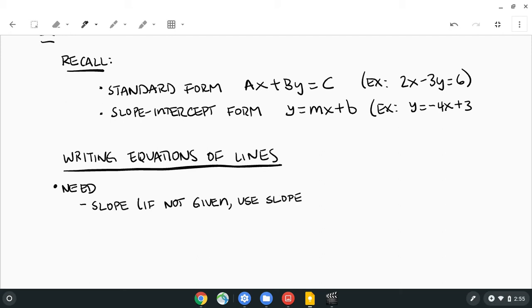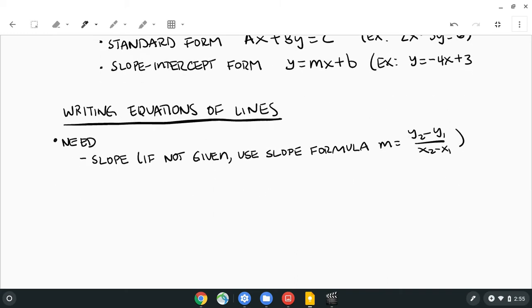Usually if they don't give you the slope, they'll give you 2 points, and you can find the slope from the 2 points by using the slope formula. If you forgot what that is, it's y2 minus y1 over x2 minus x1.